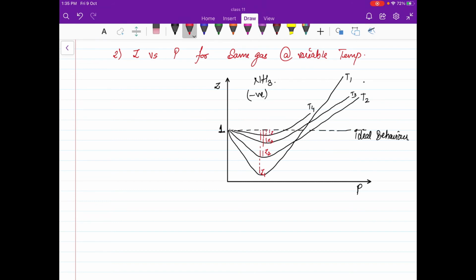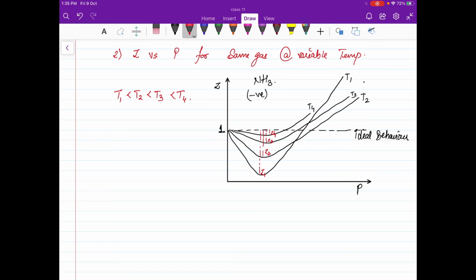This is at temperature T4, Z4. I would name the values of Z like this, where T1 is lesser than T2, is lesser than T3, is lesser than T4. That means T4 temperature is the highest. And it should have been so.